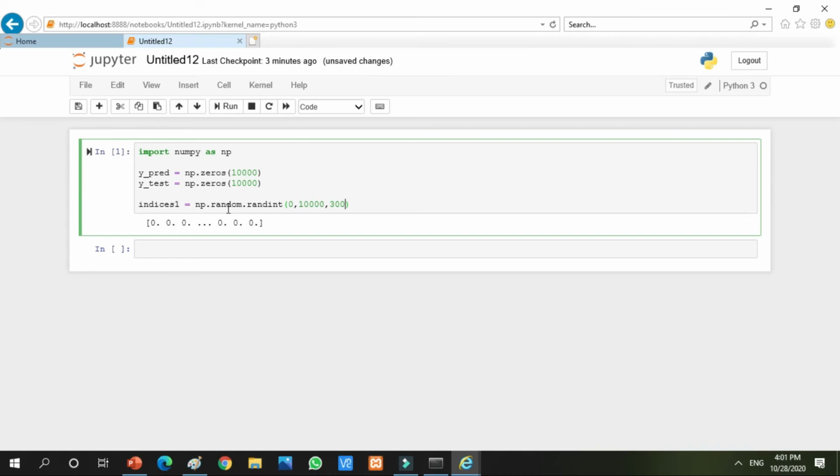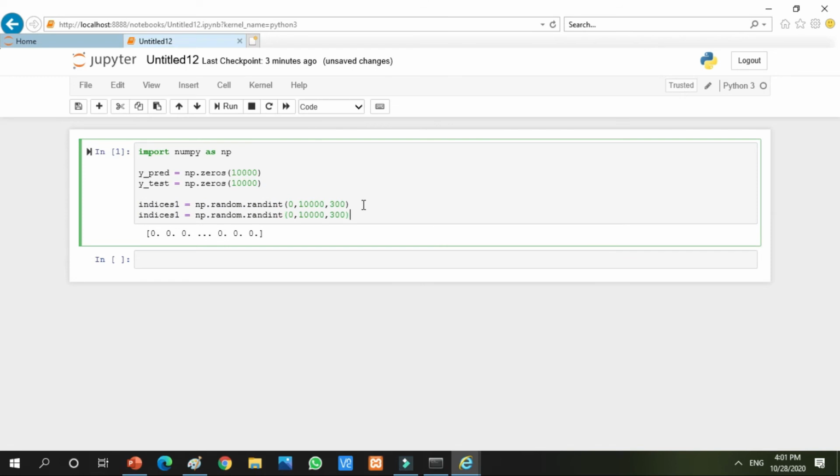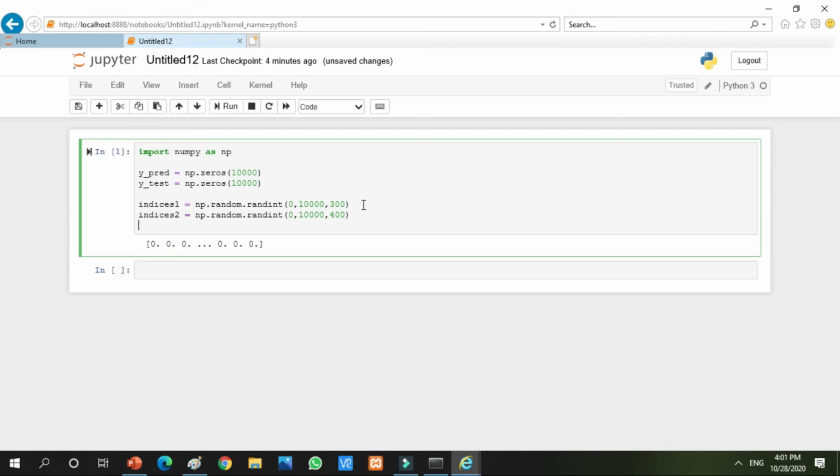I am copying this line and making another variable named indices 2. Let me write it, and now it will take 400 values from 0 to 10,000. Now I am making another variable, indices 3, and indices 3 will take 500 values from 0 to 10,000.